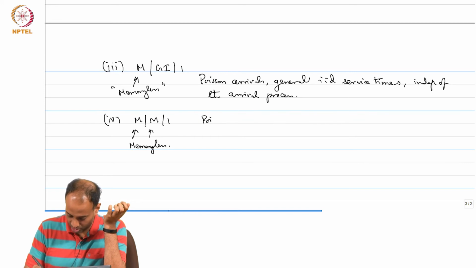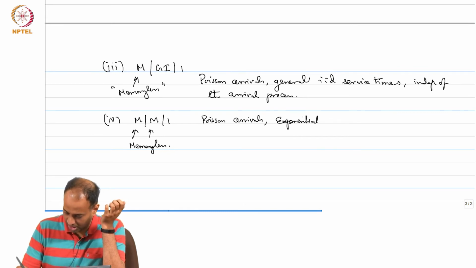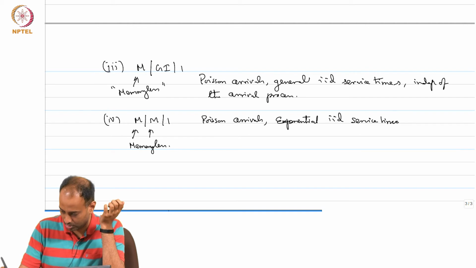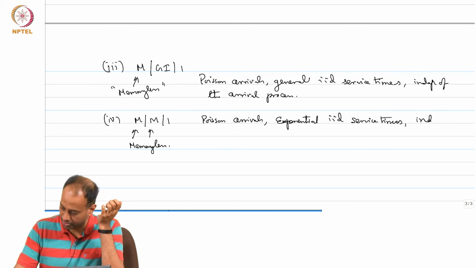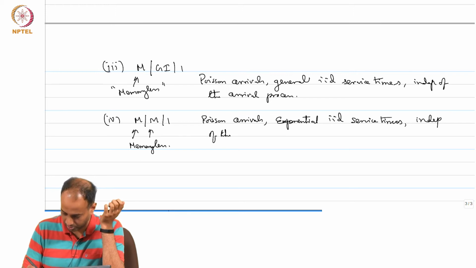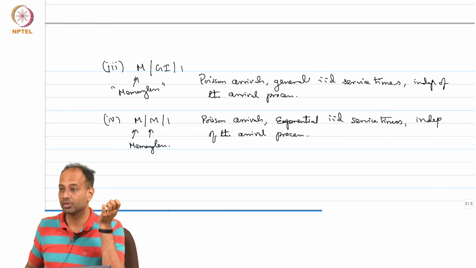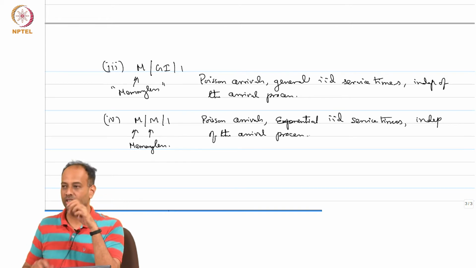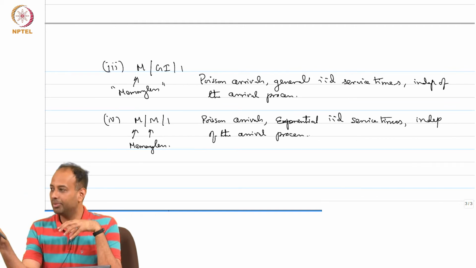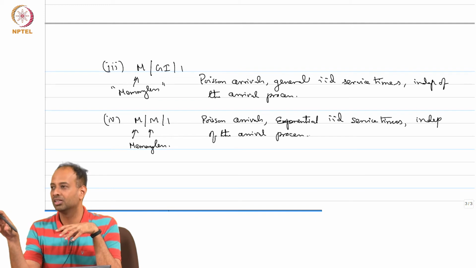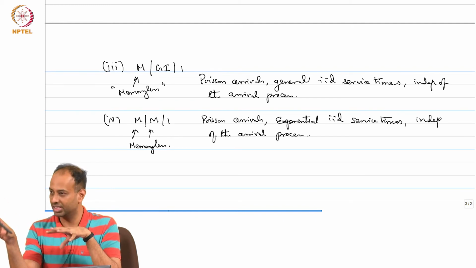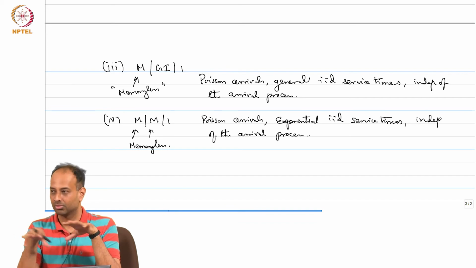So this means Poisson arrivals, exponential IID service times, independent of the arrival process. M/M/1 queue means arrivals are Poisson, the time it takes to serve any customer is an exponential random variable, IID exponential random variables, which are independent of the arrival process.